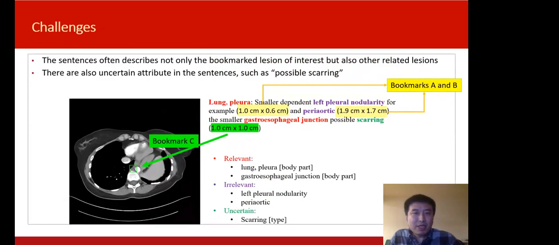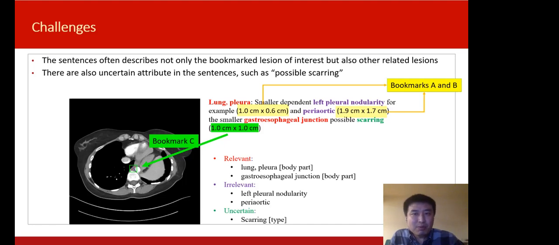If we use a named entity recognition tool to extract all attributes in a sentence, we would make a lot of errors. First, there might be multiple bookmarks in one sentence, like in this sentence: lung pleural-based, left pleural nodularity, for example bookmark A, and peripheral, bookmark B, the small junction, possible scarring, bookmark C.